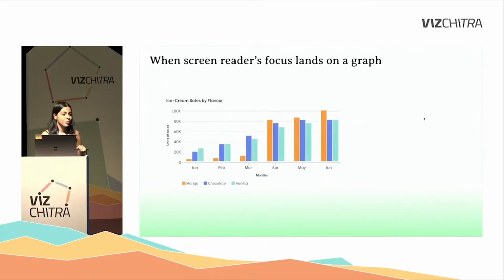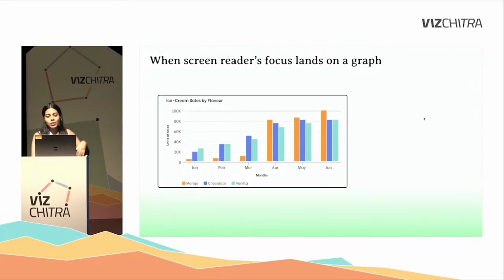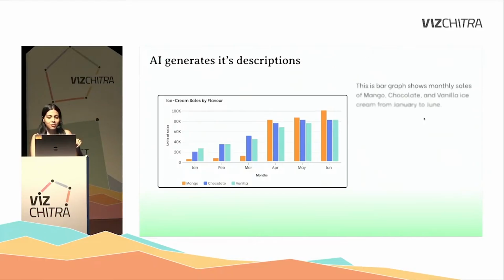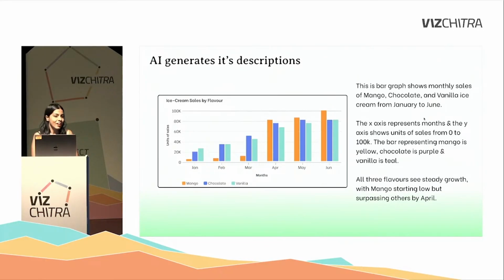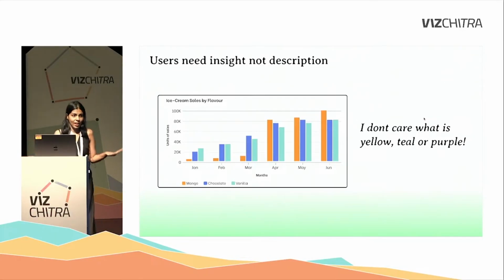And so what we started was, we thought, oh my God, genius, we're gonna use AI and we're gonna completely revolutionize the accessibility industry. Each time a screen reader focus lands on the graph, we're gonna describe what it's talking about. And the users really humble you, because we were telling details like, oh, the x-axis represents this, the y-axis represents that, the yellow bar represents mango, the purple represents chocolate, and the users were like, I don't care.